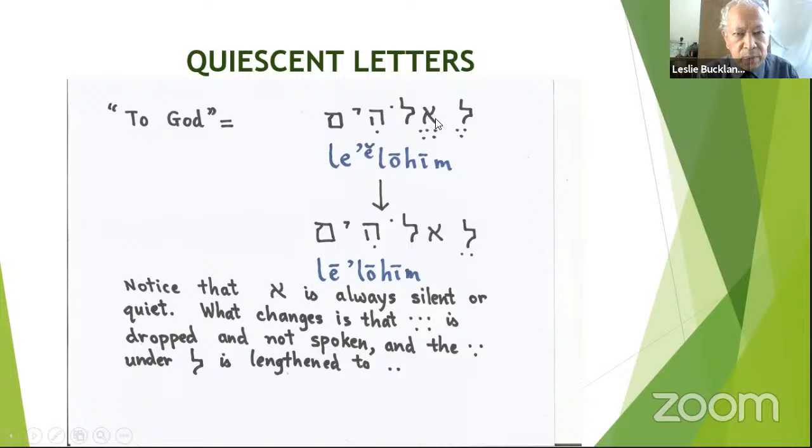So when the consonant is quiet, then whatever is under the consonant also becomes quiet and drops out. And so you don't pronounce this part of the word at all. You jump from the preposition lay to the rest of the word, lohim, lay, lohim, and you just forget about this first part of the word because it has become quiet.